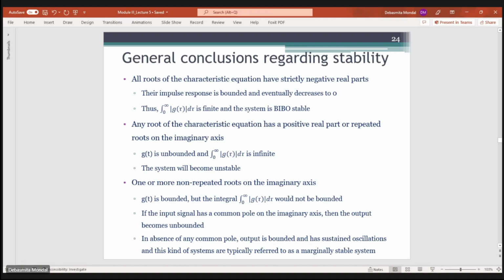In the absence of any common pole, the output is bounded but has sustained oscillations, and it is a marginally stable system. So depending on the position of the roots of the characteristic equation, you can have a preliminary idea about whether the system would be stable or not.